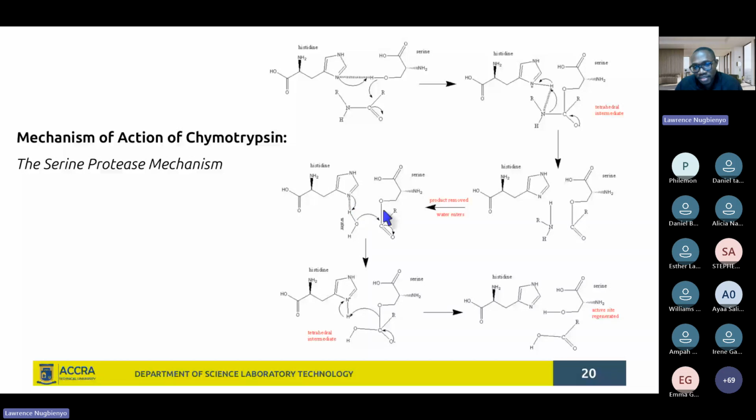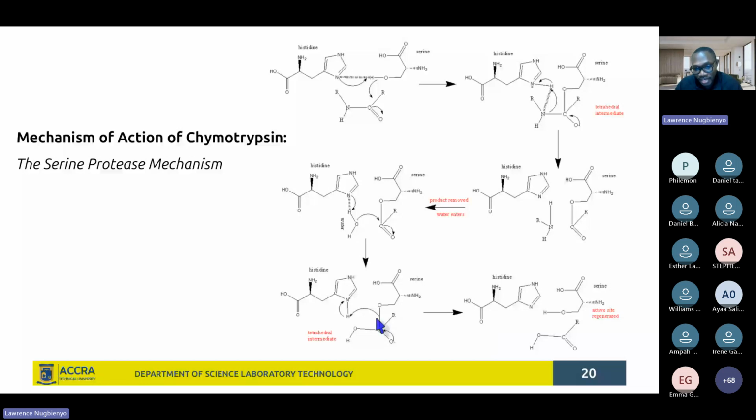At the same time, you see also that the hydroxyl group then moves on to that carbon of the carboxylic acid side of the protein which was broken, which is on the serine residue. So you see the OH has come onto that carbon, and the hydrogen is now on that nitrogen of histidine. The reaction continues, and you see what next.